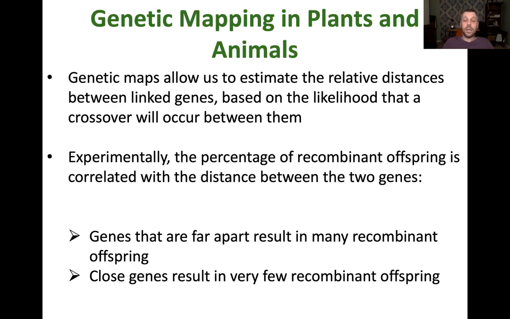So genes that are close together are often inherited together, and therefore close genes result in very few recombinant offspring, whereas genes that are far apart have a higher probability of being separated by a crossover event. Therefore, genes that are far apart tend to be present at higher numbers in recombinant offspring.